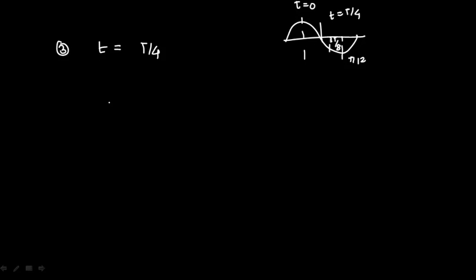So at t equal to T by 4, we have seen that your current distribution will be like this. At T by 4 the current is 0, so no radiation will be there at this particular instant. I have 0 radiation, no output will be there.